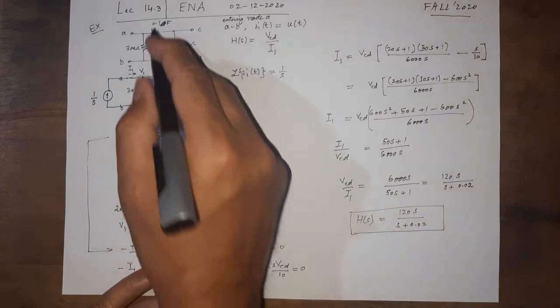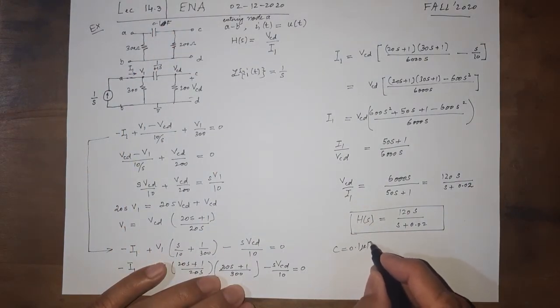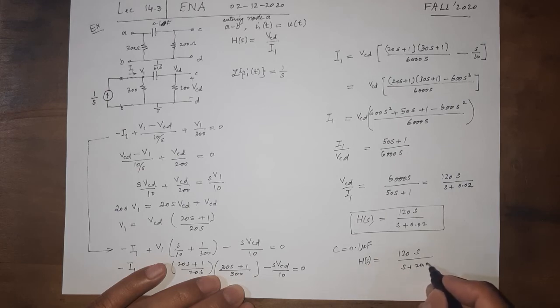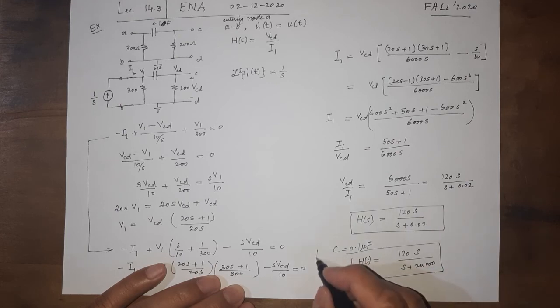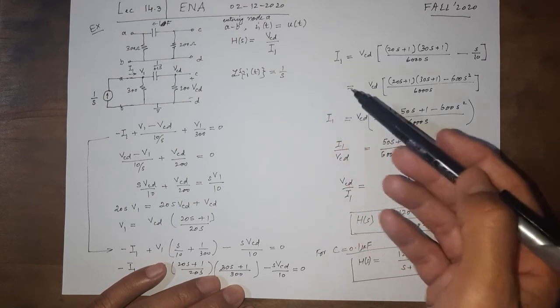I think if you take the value of the capacitor to be 0.1 microfarad, this solves up to be 120 s over s plus 20,000. You can verify that. And this is how you solve circuit for transfer function.